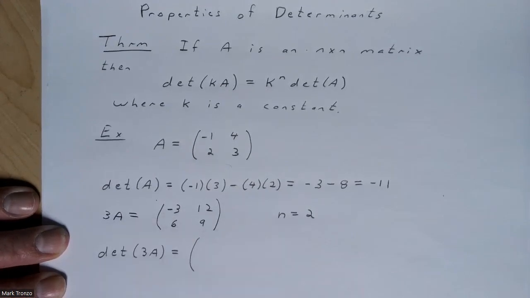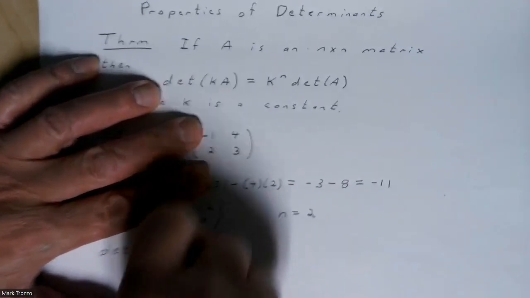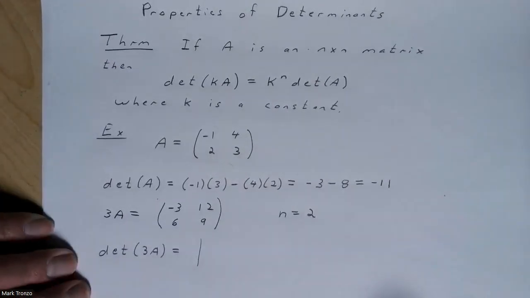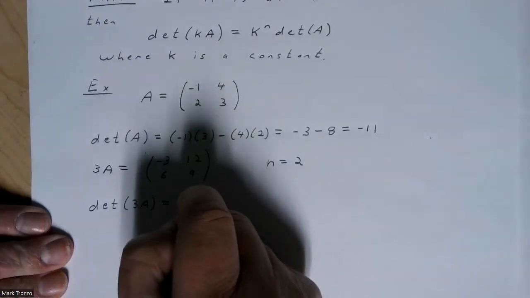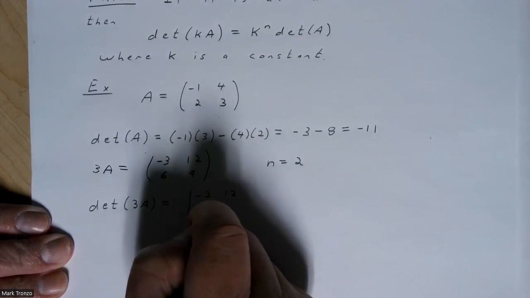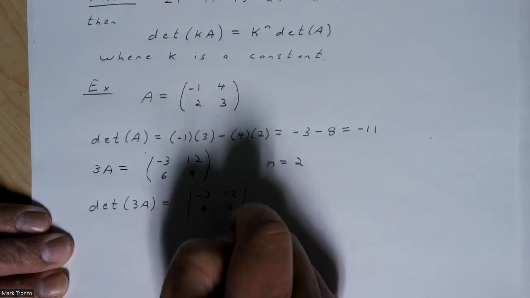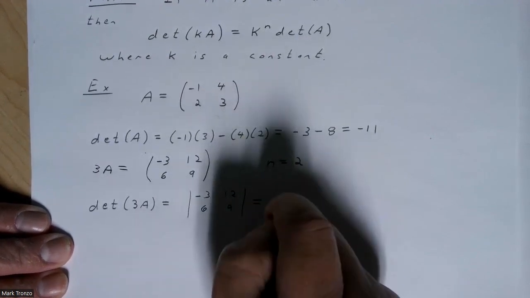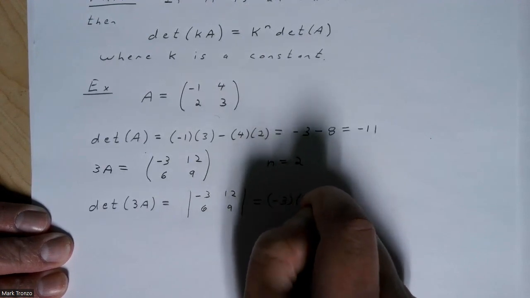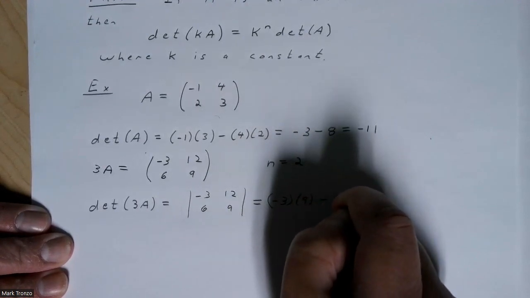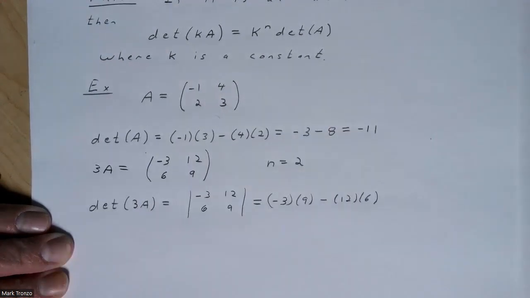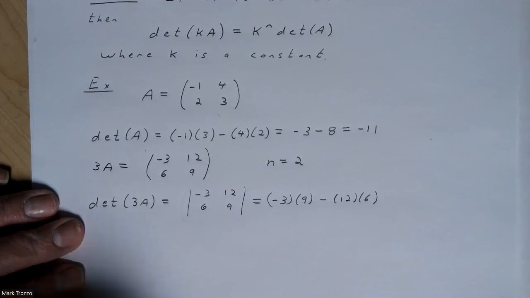Again, that's going to be the determinant of what we have up here. And let me do the bars. Again, it's going to be the upper left times the lower right minus the upper right times the lower left.